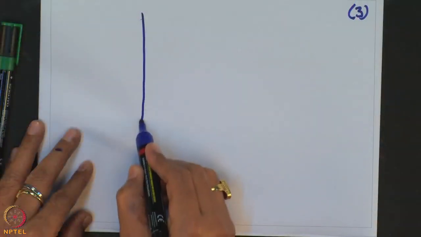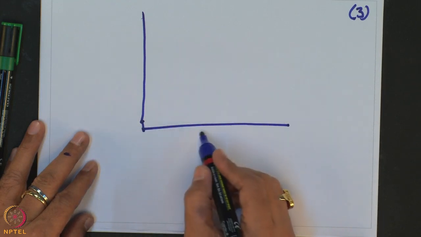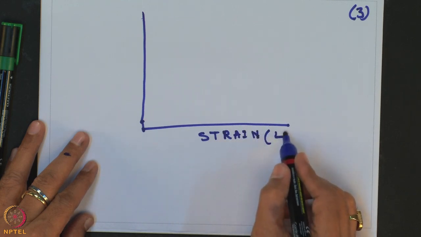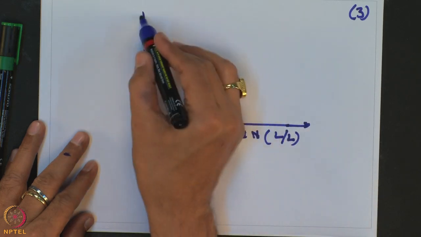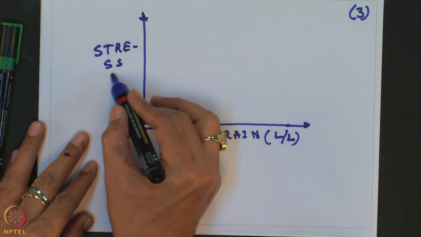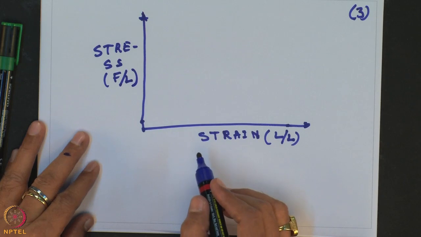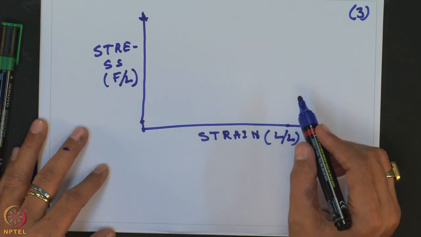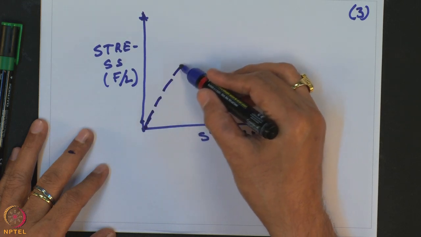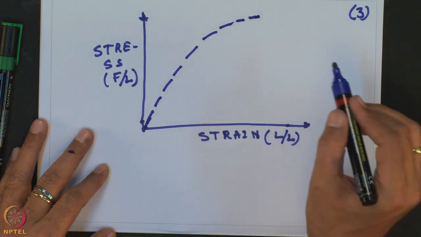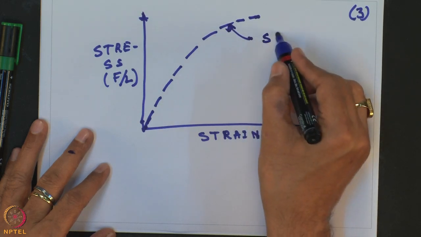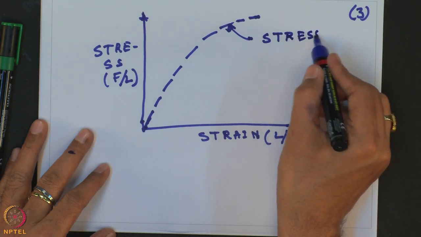If you draw the stress strain curve of geosynthetic material, for example, this is the strain, this ΔL by L, and this is the stress, that is F by L. Sometimes you can have the stress strain curve, let us say, like this.